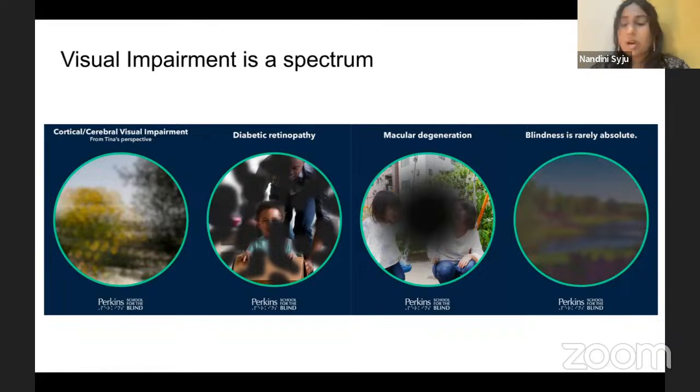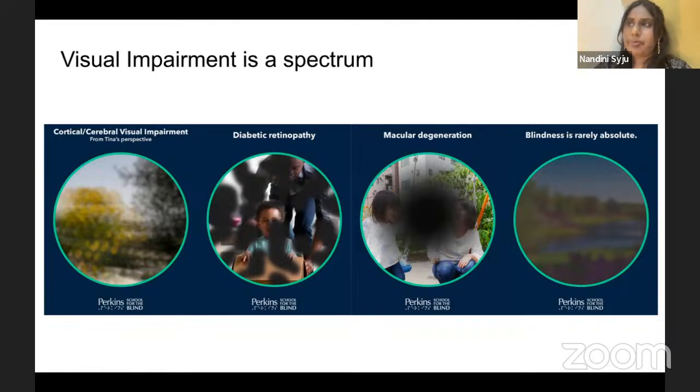So before we jump into the question about designing a product for a visually impaired user, let's understand what visual impairment means, right? So first off, we might have thrown around the word blind a lot in our past, but the fact is that visual impairment is a spectrum, and the concept of being completely blind is pretty rare.